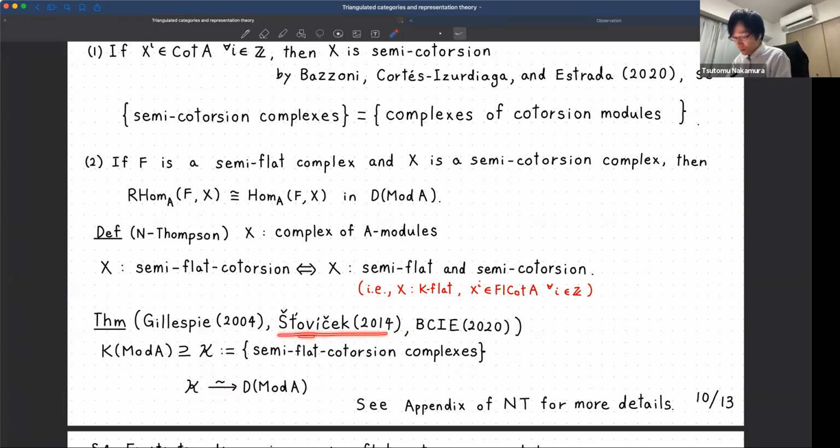Motivated by Stovicek's work, the authors Zhang, Cortés-Izurdiaga, and Estrada proved this fact. This fact and Gillespie's work allow us to prove this triangulated equivalence. If you are interested, please see the appendix of my paper with Peder Thompson for more details.